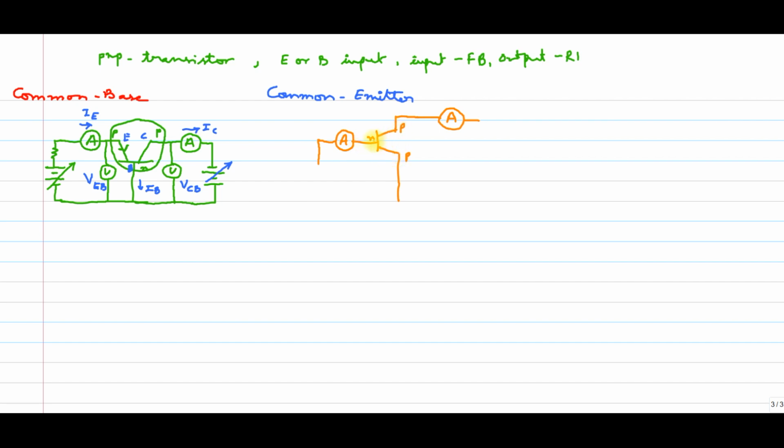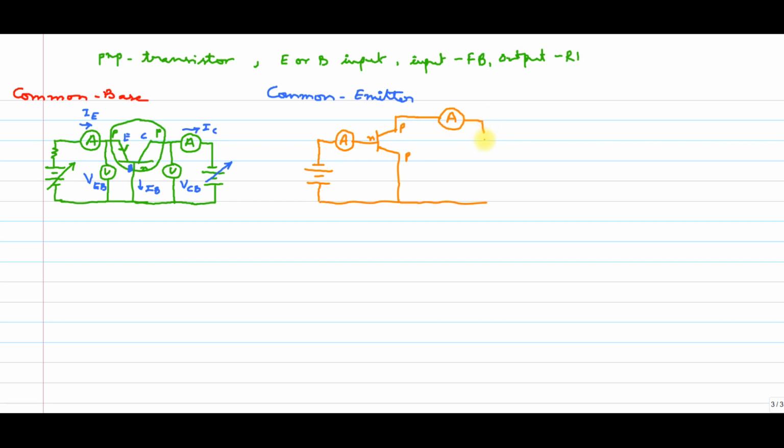How to proceed? Input should be forward biased, so N should be connected to the negative terminal like this, and here it should be connected to this one for reverse bias. Reverse bias means both are positive here, but you can take it like this.